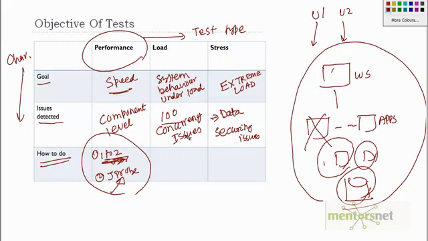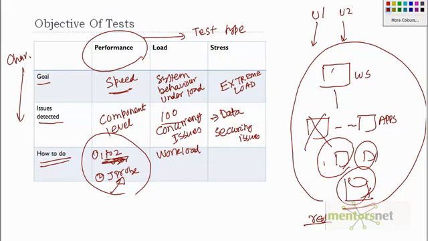Whereas when we do load testing, we like to stress the system on a realistic production use case. That means we follow something called a workload. Don't worry about workload if you do not understand what it is, because I have a complete chapter on workload, how to define a workload and so on.